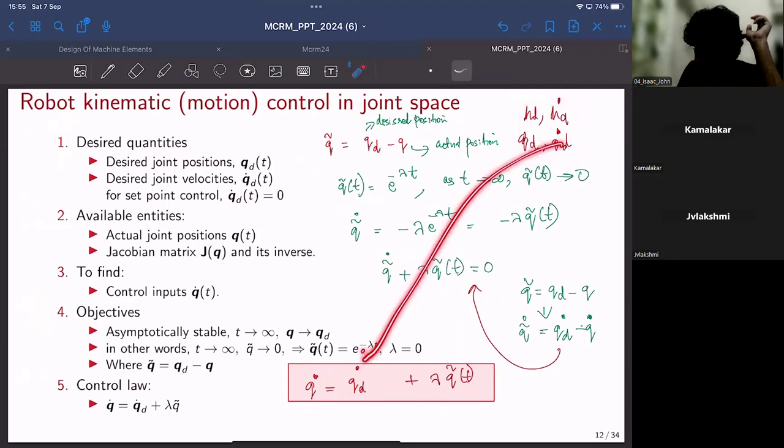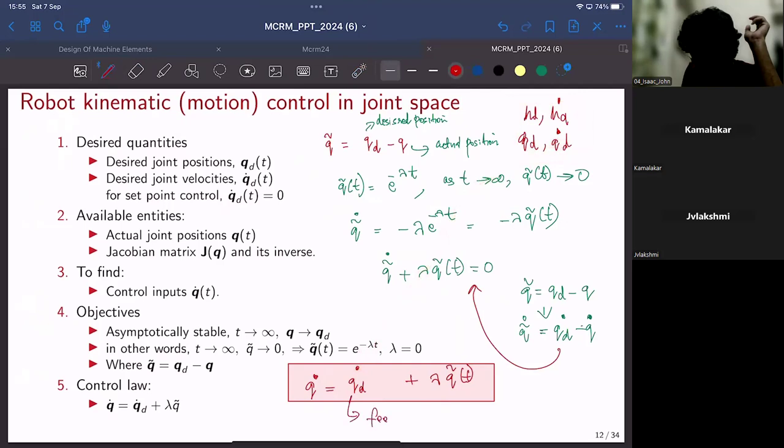That comes over here. We call this term the feed forward term. And here we have Q tilde. That is basically the error between the desired and the actual position. So since this term is a feedback term, we call this the feedback term.